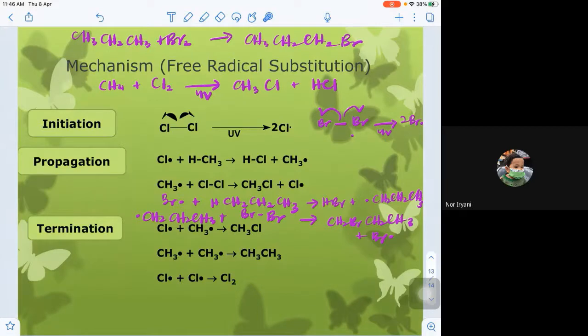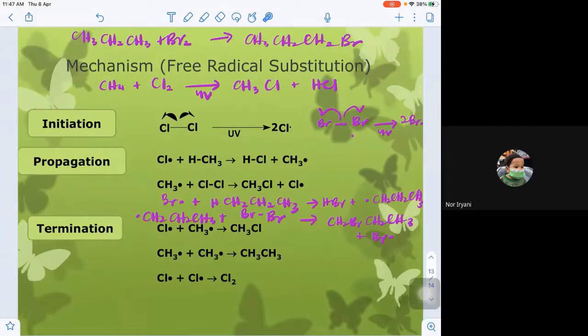And then the last step, which is the termination. In the termination, the free radical will attach to another free radical. In this initial example, we have two types of radical, CH3 radical and chlorine radical. The first possibility for termination is when chlorine radical attaches to CH3 radical so that it will form CH3Cl, or CH3 radical attaches with another CH3 radical so that it will form CH3CH3, or ethane.